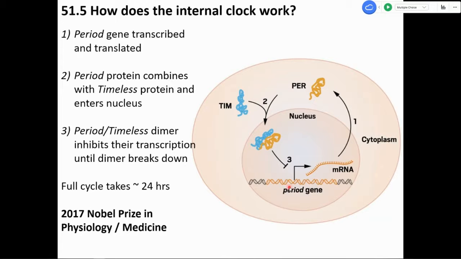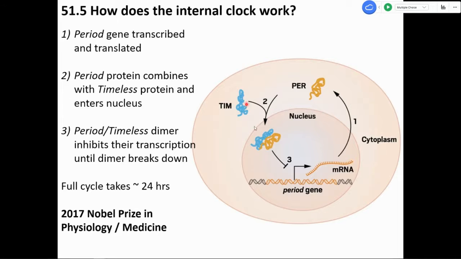What happens is this period gene is transcribed into messenger RNA and translated into the period protein in the cytoplasm of the cell. When it's in the cytoplasm, it forms a dimer with another protein produced by the timeless gene. This blue here, they form a dimer that re-enters the nucleus and switches off that period gene.